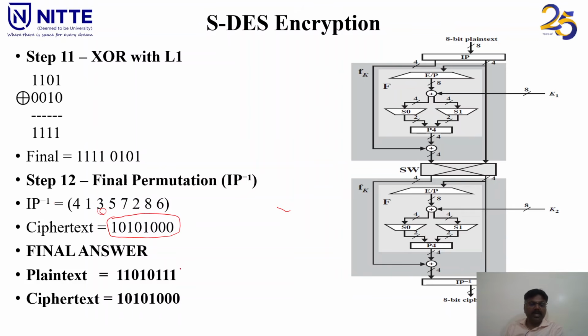The plain text was taken as 1101 0111 and the ciphertext I got is 1010 1000. So by looking at the steps available in the block diagram, we have divided into two rounds. In the first round we use K1 and in the second round we are going to use K2.